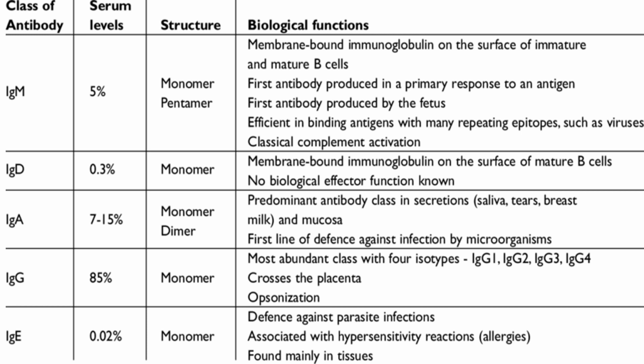Then comes immunoglobulin M, which is 5% of the serum immunoglobulins. IgD is only 0.3%, and IgE is 0.02%. And we have already discussed that IgD, IgG and IgE are monomeric, whereas IgA is a dimeric polypeptide, and IgM has a pentameric structure.